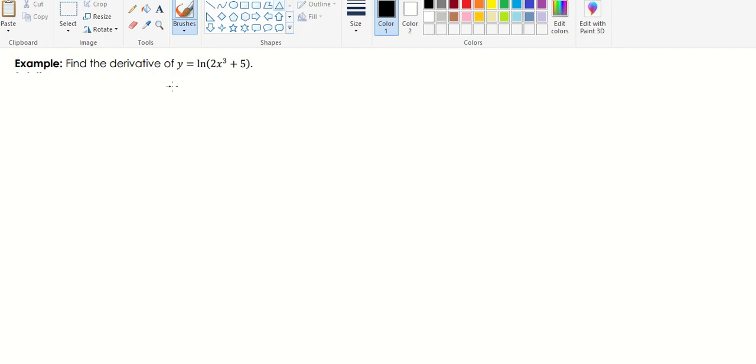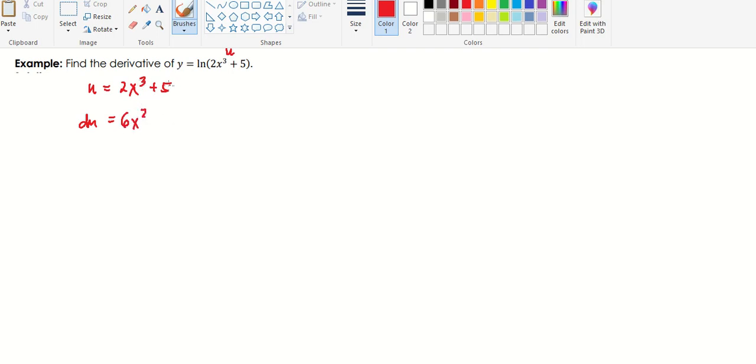This time, let's have y equals ln of 2x cubed plus 5. So, we'll have again our u. Identify natin yung ating u. So, since our u is 2x cubed plus 5, our du here is 2 times 3, that is 6x, and then bawas natin ng isa yung 3, that would become 2.